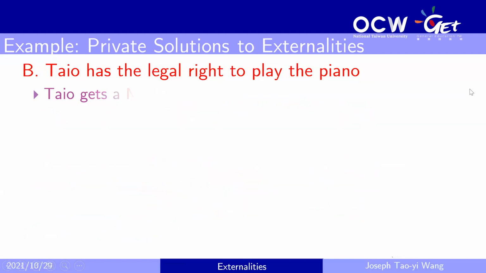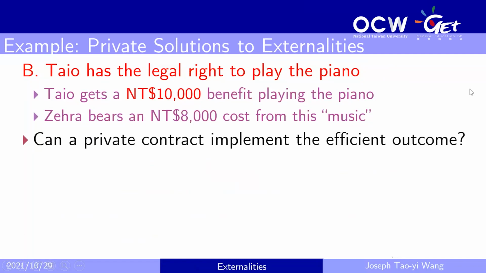Okay, next one. Now suppose Tao still has the right to play the piano, but now Tao gets $10,000 in happiness for playing it. Zara's cost for bearing the music is still $8,000. The only thing we changed is that the benefit for Tao is now $10,000.